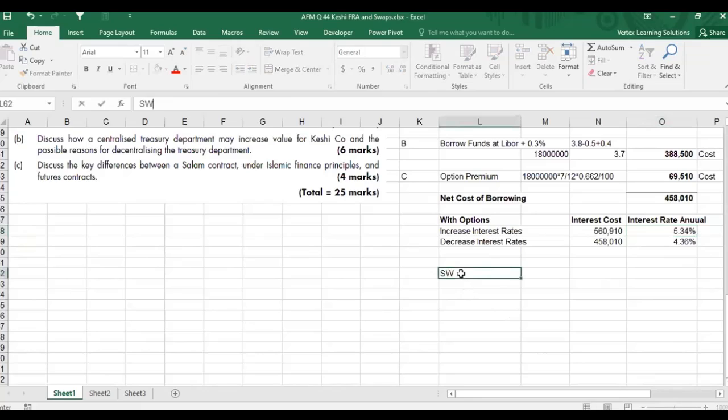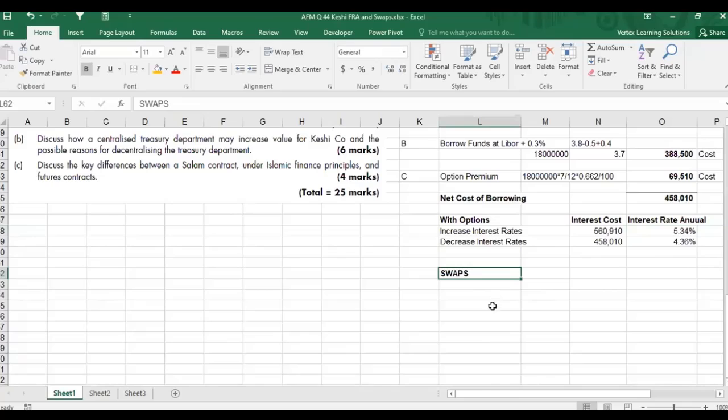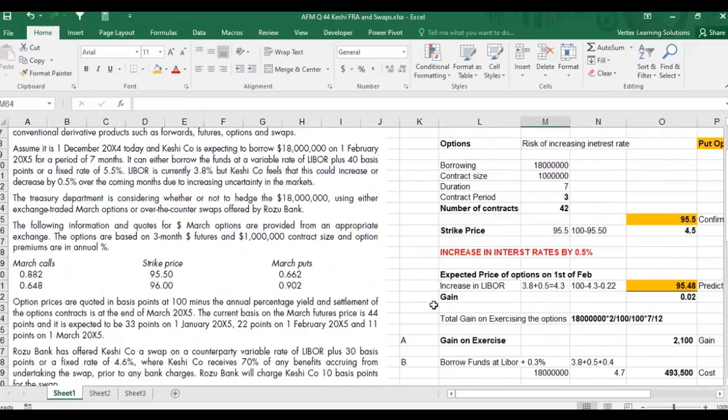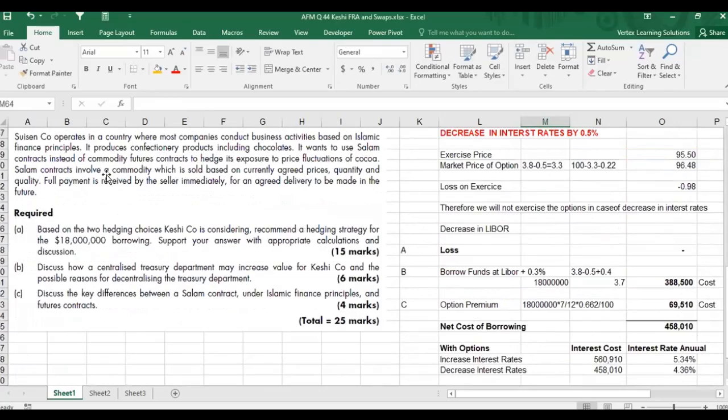Second is swap, and I'm not going to take a lot of time on that. In swap, we always have two companies. We have got Keshi company, and we have the counterparty, which means the other one. There is a fixed rate and there is a variable rate. I remember that the fixed rate was, I think, 5.5%. I do remember, but I need to confirm.